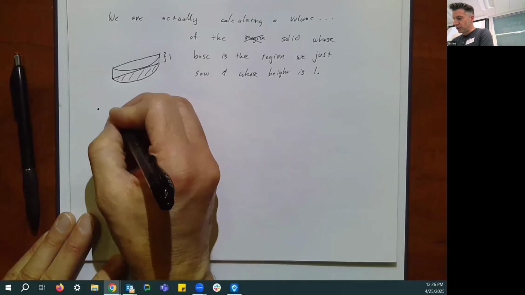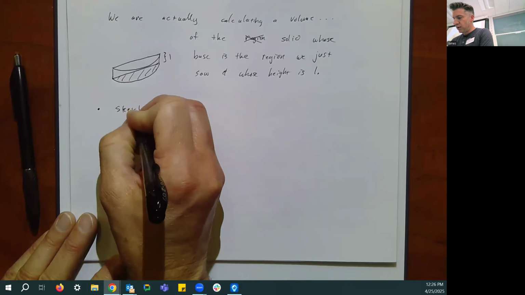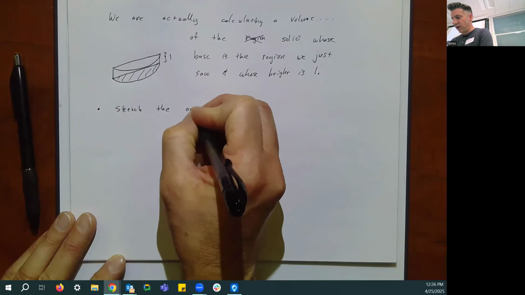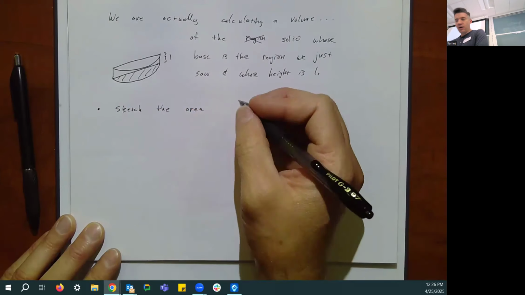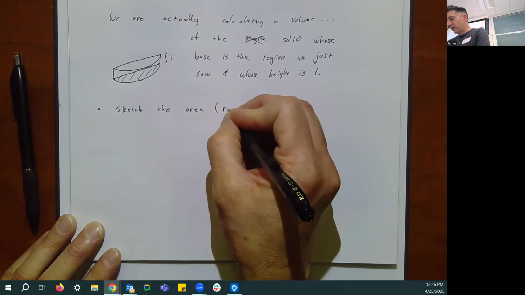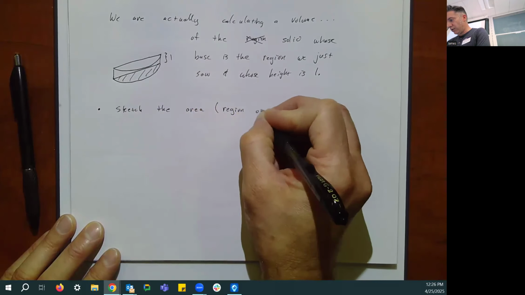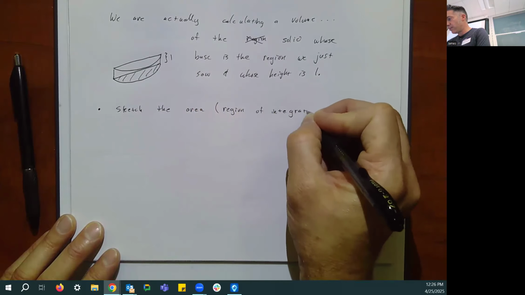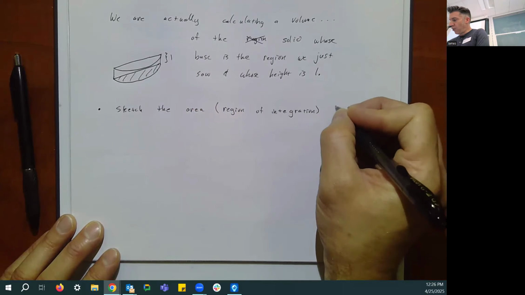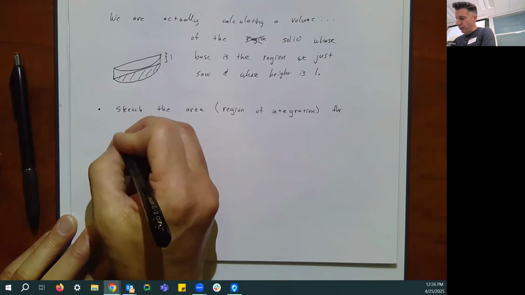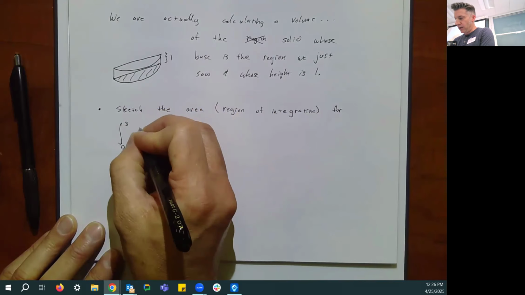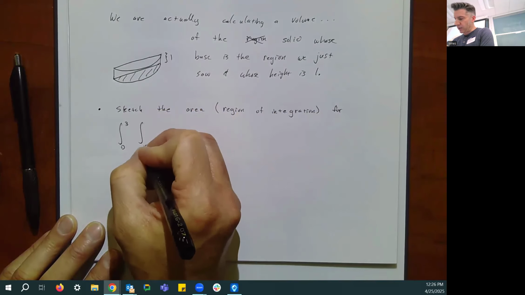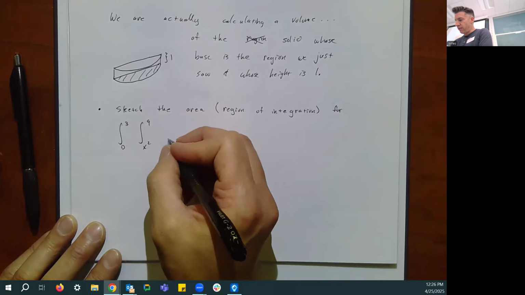We want to sketch the area, even though we know it's technically a volume, which is also known as the region of integration, or the region that we are integrating over, for the following double integral: the integral from 0 to 3, the integral from x squared to 9 of 1.